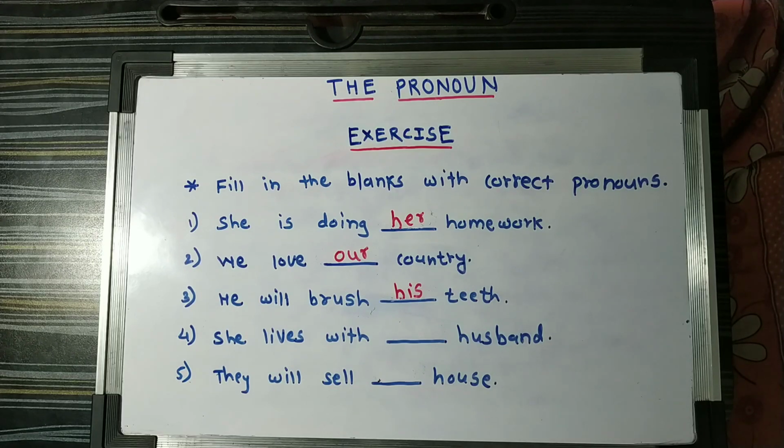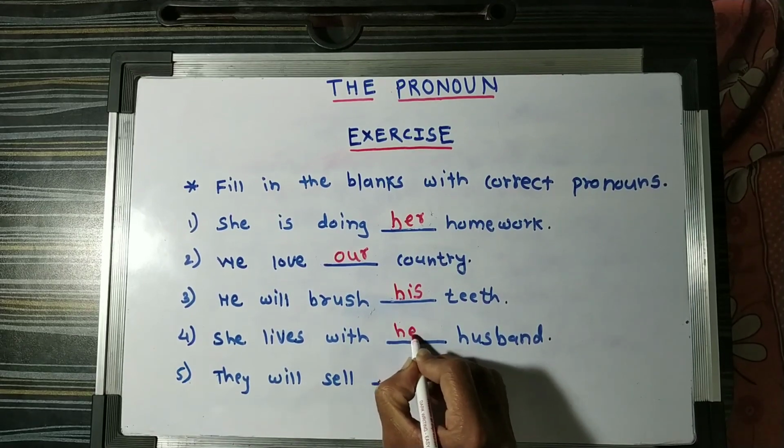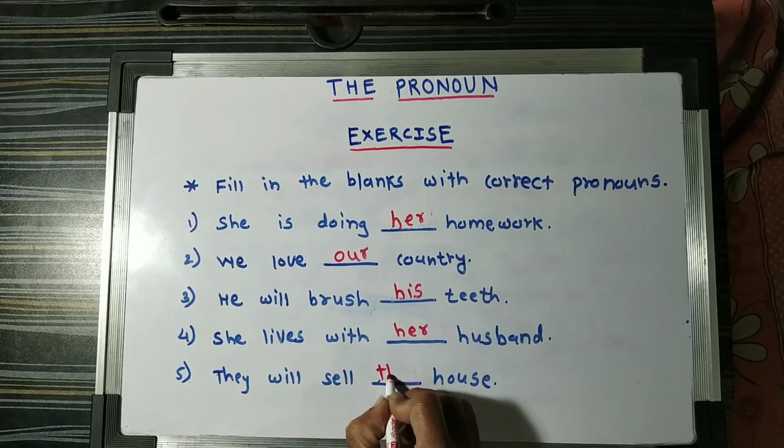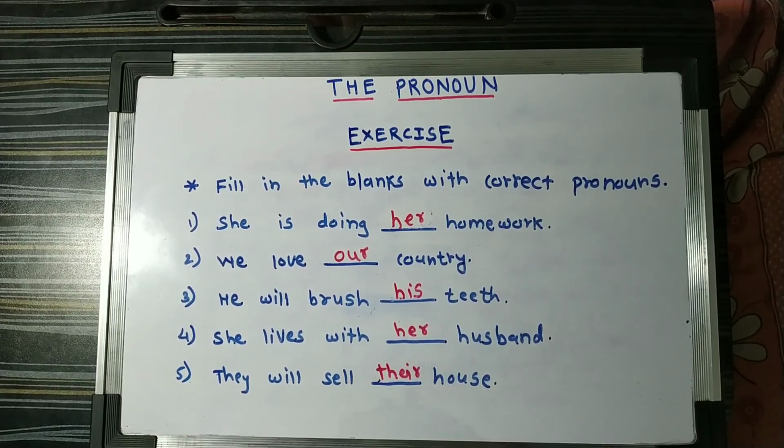The appropriate answer is her. She lives with her husband. Now next one. They will sell dash house. Think about the answer. The answer is their. They will sell their house.